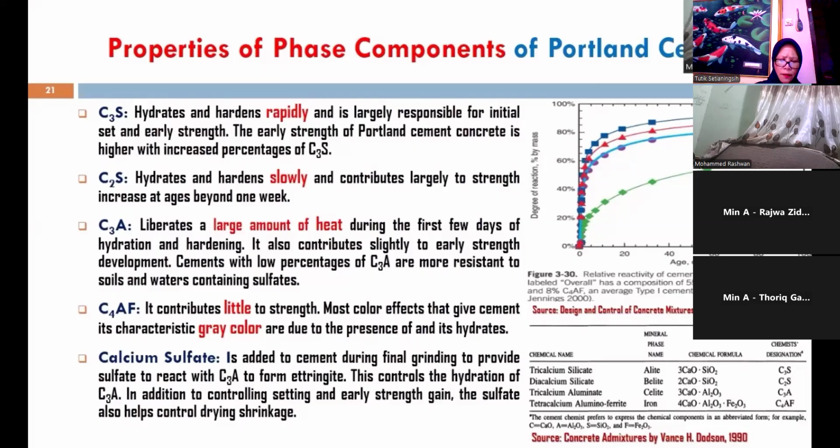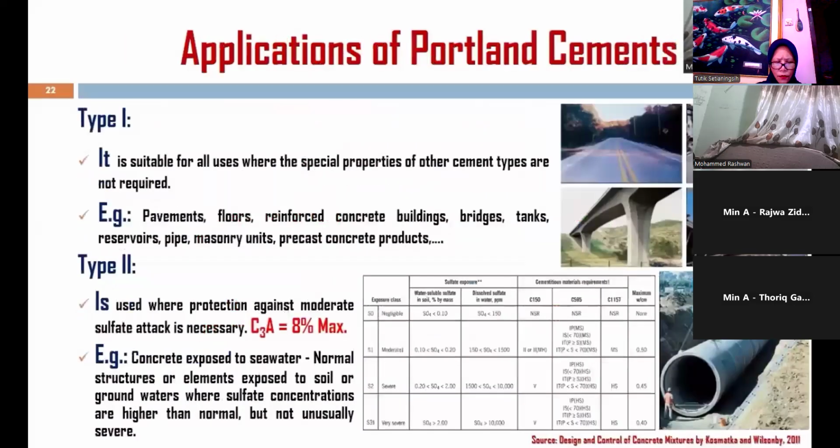The gray color of cement depends on the percent of alumina and iron, especially iron, and magnesium. And as we mentioned before, calcium sulfate is added to cement to control the setting and improve the shrinkage and the stress development of the concrete.